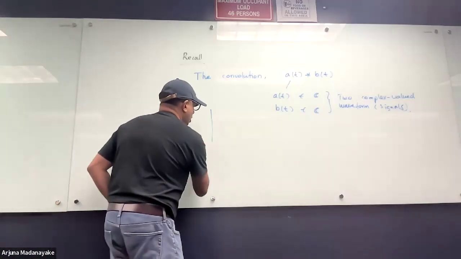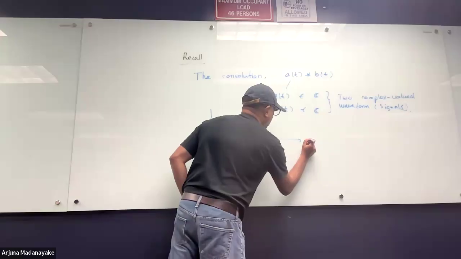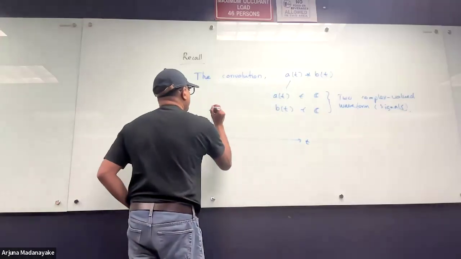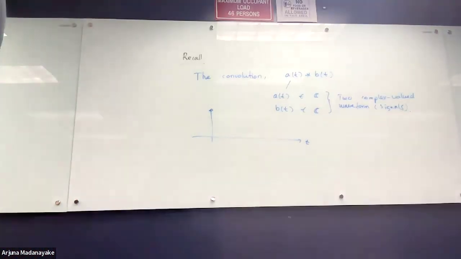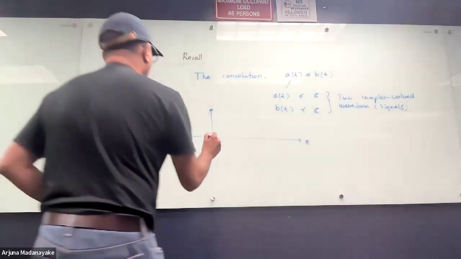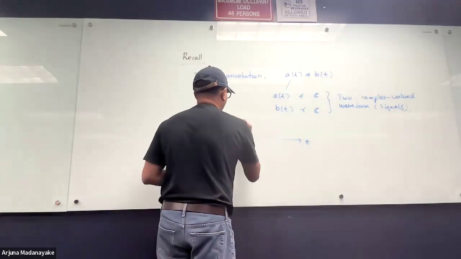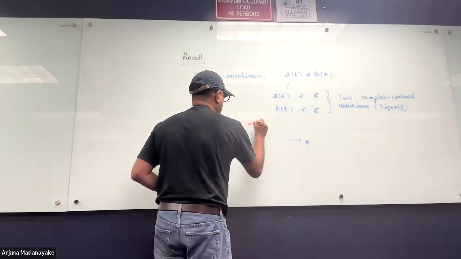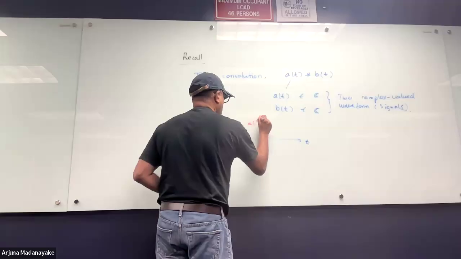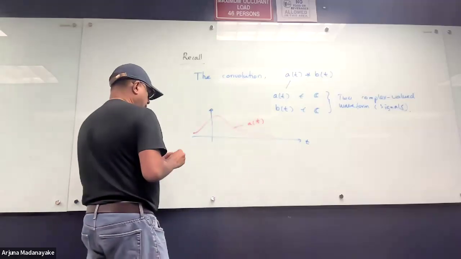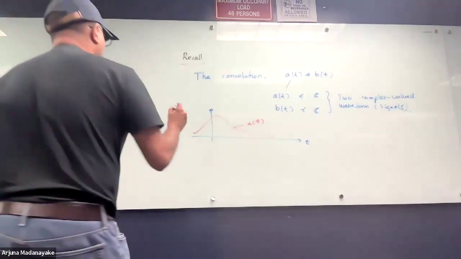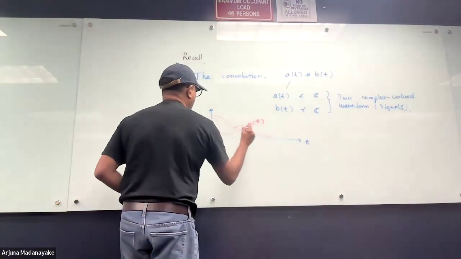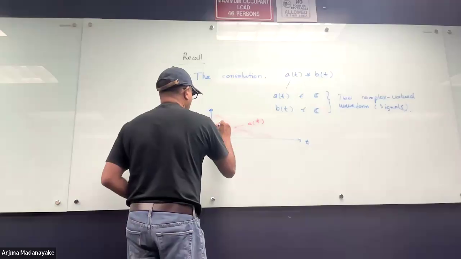So let's say I plot the two of them as a function of time. This is my A of t, and let's say this is my B of t.